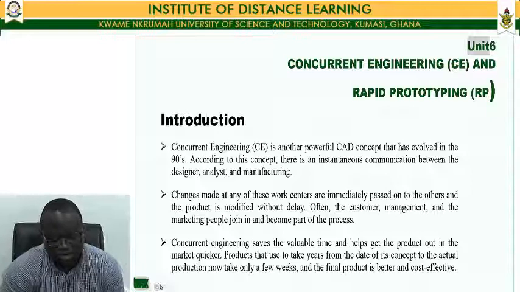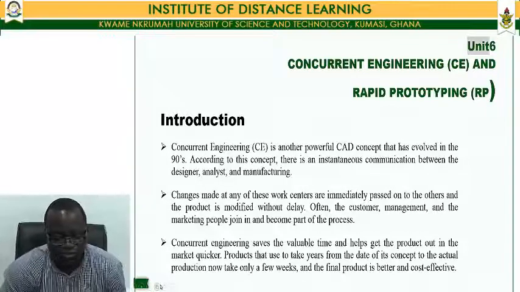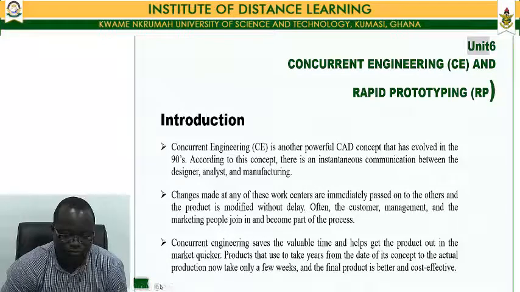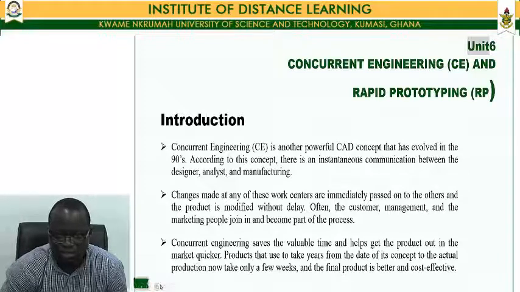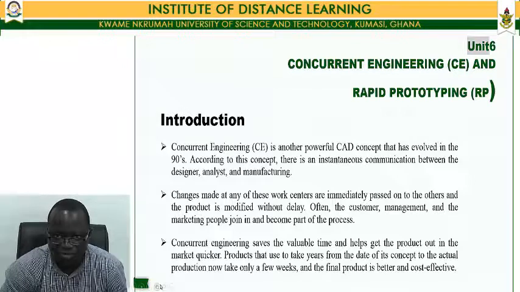So concurrent engineering, in a nutshell, gives you a situation where there is instantaneous communication between the designer and analyst. As a result of that, it has been observed to save valuable time, and it helps get the product out to the market much quicker.